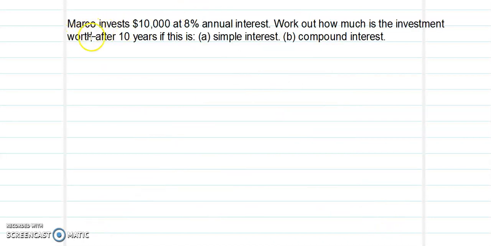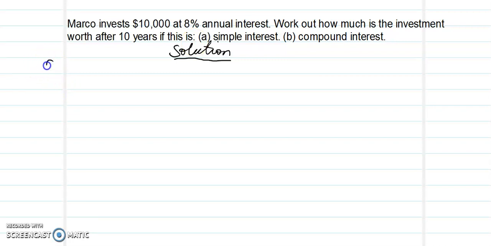Okay, let's look at this question. Here we have that Marco invests $10,000 at 8% annual interest. Work out how much the investment is worth after 10 years if it is A, simple interest, and B, compound interest. So we have to check how much the investment is worth for the simple interest and for the compound interest.